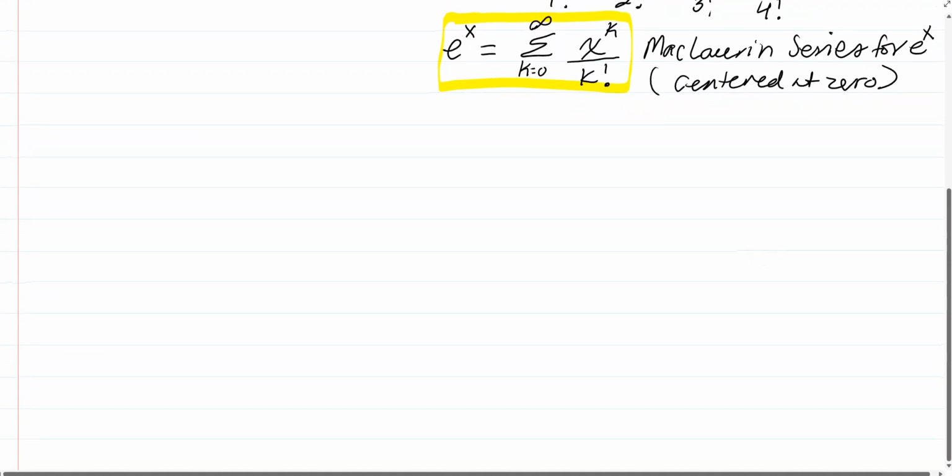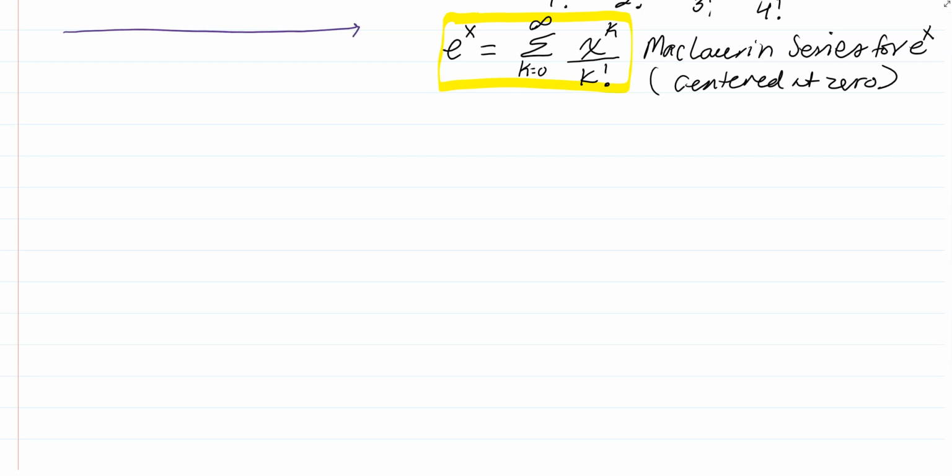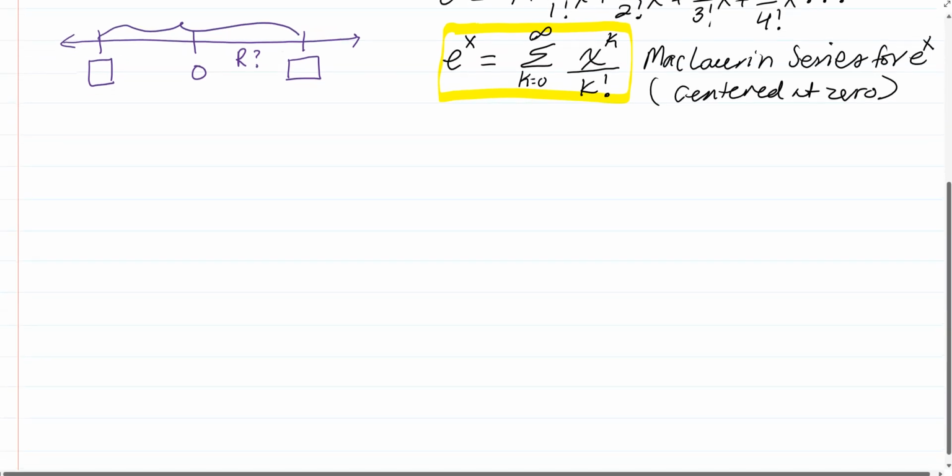So for what x value will this work? If we really think about what we are doing here, here is the center. The center is at 0, and we want to know how far out we can go. Meaning, what is the radius of convergence, and then what is the interval of convergence?